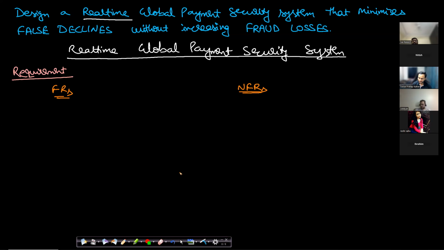Particularly non-functional requirement almost remains the same across designs. What is the availability, what is consistency, and all those things, right? All the trade-off points, latency, and other things. Let's think about the functional requirement because that will actually define where your interview goes, how your design will look like. So first of all, in the functional requirement, are you looking for high precision or high recall?